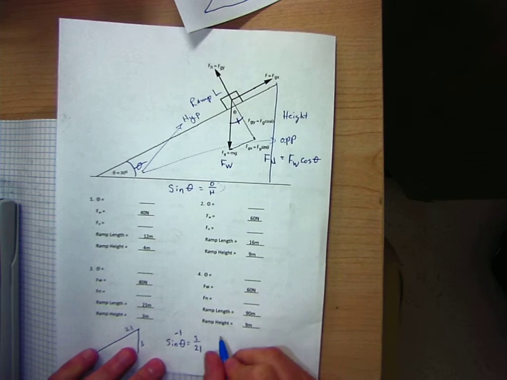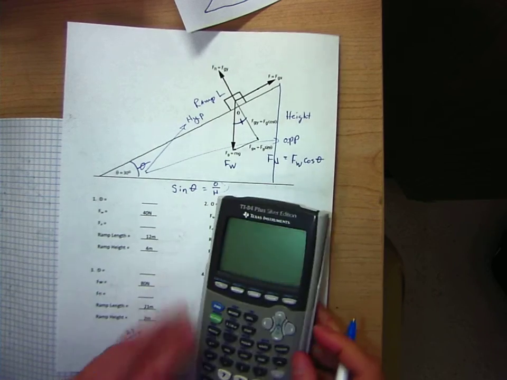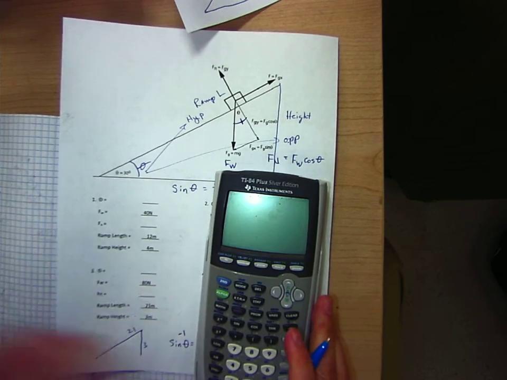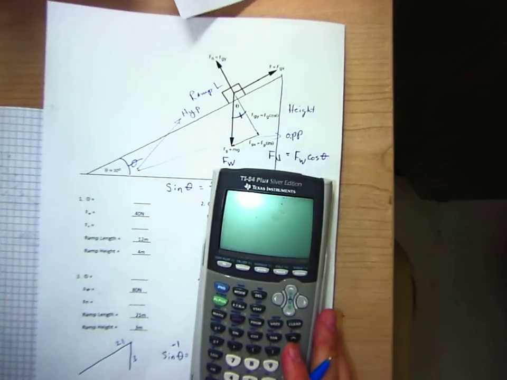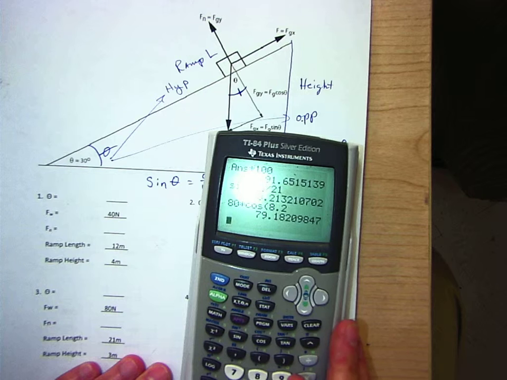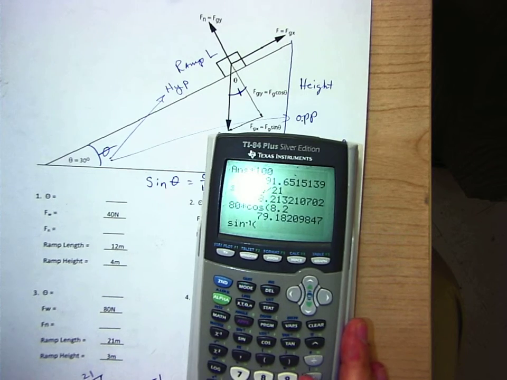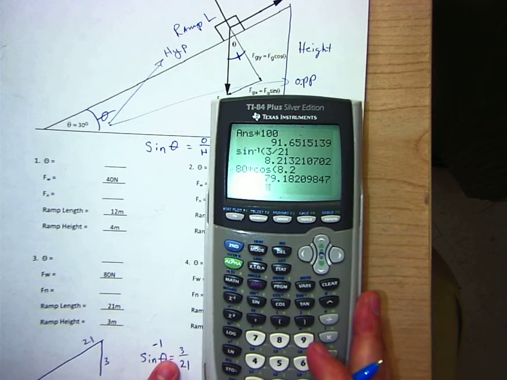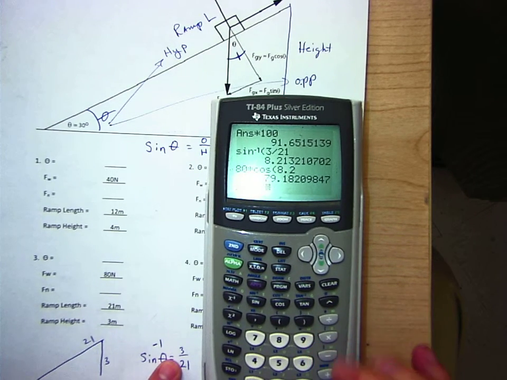Now, that means that we take our calculator and we find this button right here, second function. Oh, gotta turn it on first, that would help. So we go second function, sine button, number 3, or 3 divided by 21.